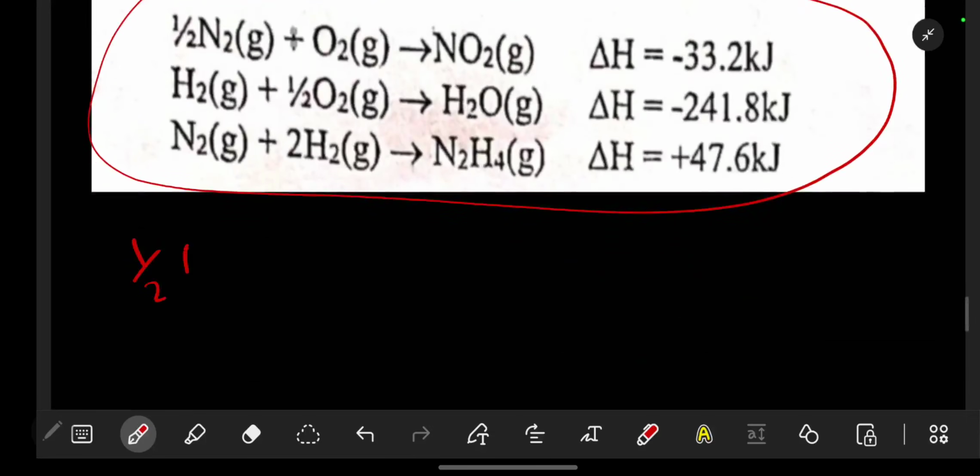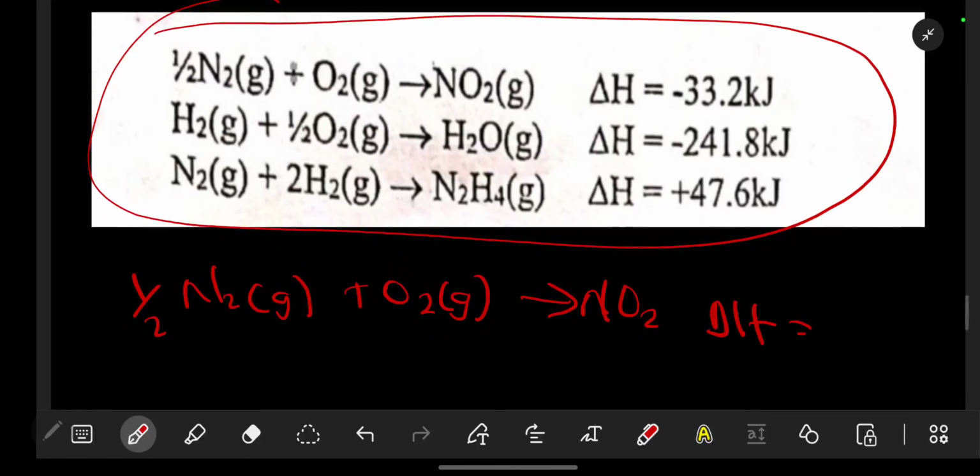So we have our half N2, a gas, plus our O2, a gas as well, to produce our NO2. Then the enthalpy change is equal to negative 33.2 kilojoules.